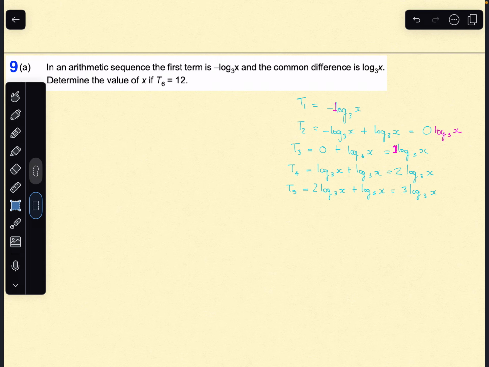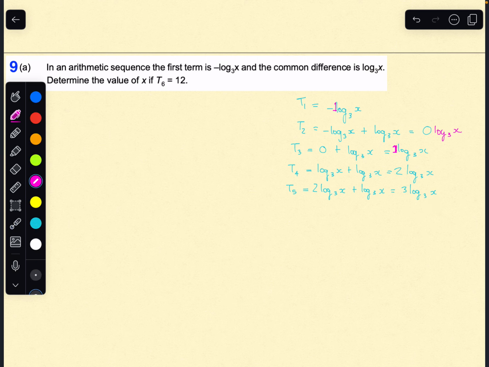Okay, so I'm going to go about this two ways, I think. The first way has to do with this pattern that I've picked up, where term 1 is negative 1 of these, term 2 is 0 of them, term 3 is 1 of them, term 4 is 2 of them, term 5 is 3 of them.